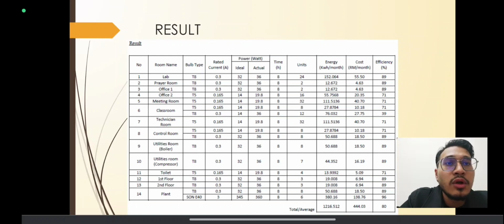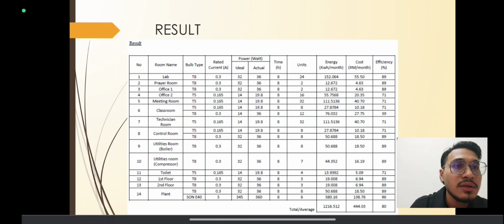Then we also have the time being used, which is 8 hours per day, and also the units of each lamp in the room, then energy consumption in kilowatt hours per month, the cost of each month, and the last one is the efficiency. After the calculation was made, we got the results of energy consumption, cost, and efficiency.